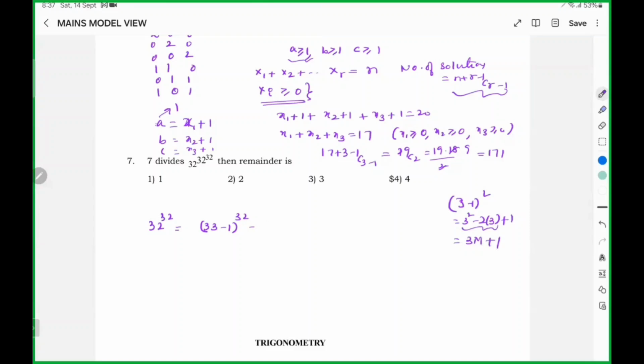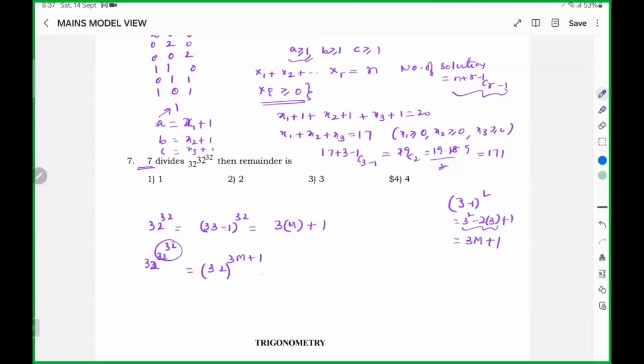In the same way, after expansion, it is a multiple of 3 plus (-1)^32, which is +1. So this whole thing I can write as a multiple of 3 plus 1.